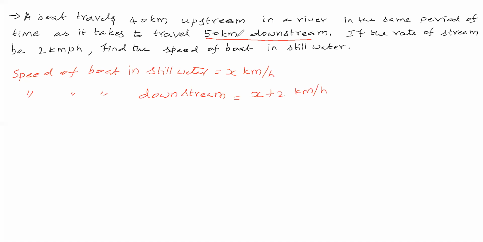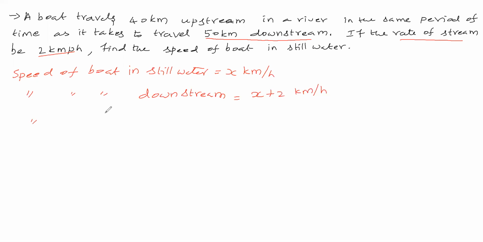Why? Because the rate of stream is 2 kilometer per hour, therefore downstream means x plus 2 kilometer per hour.